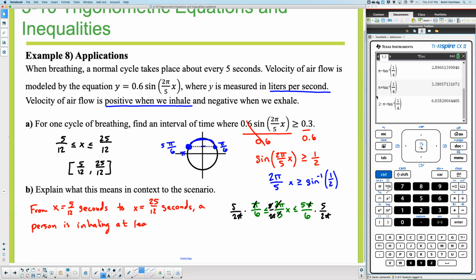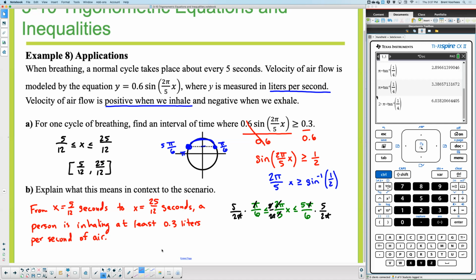That means it could be equal to, it could be more than 0.3 liters per second of air. That's what it means in context of the situation. So that would be our answer right there.